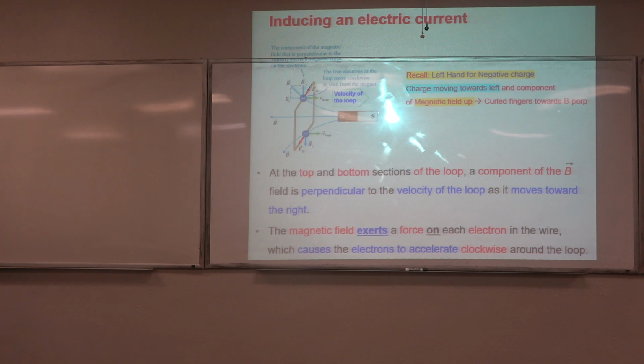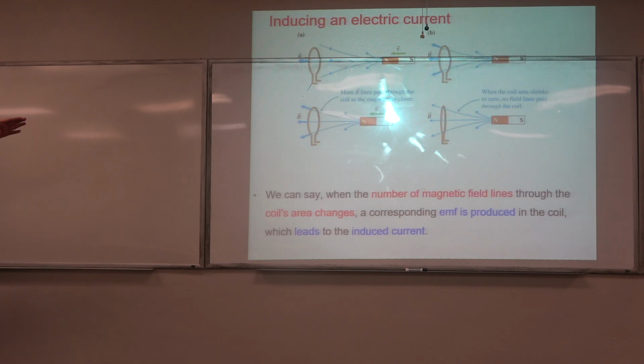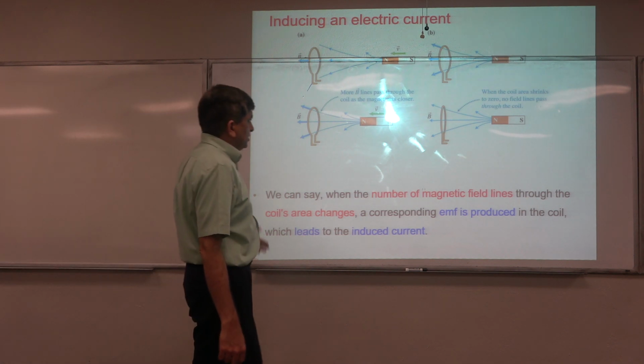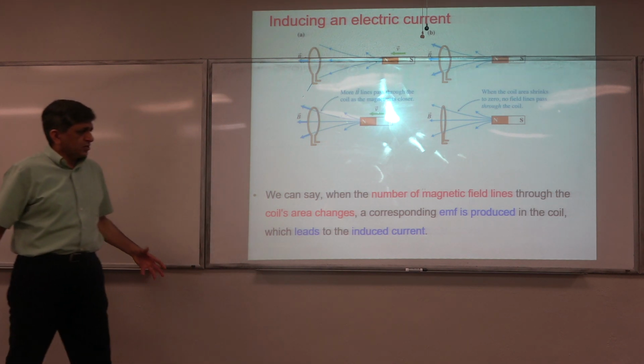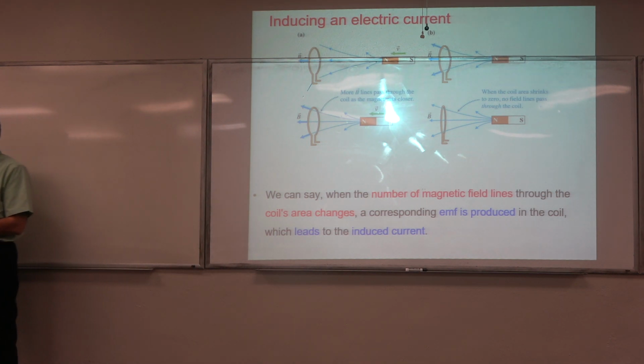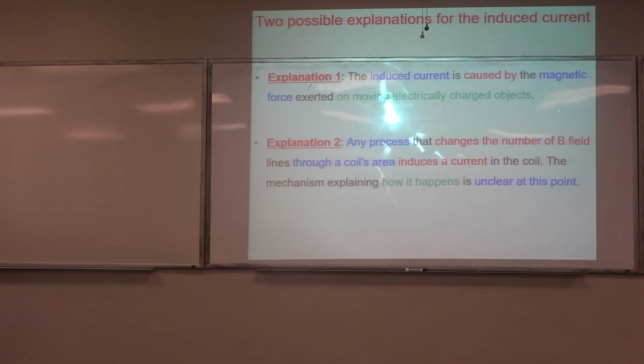In the second case, we are saying that any process that changes the number of field lines, like bringing the magnet close to the coil or taking it away from the coil, changes the field lines through the cross-section area of the coil, and that will correspond to EMF produced in the coil. This EMF will lead to the induced current.